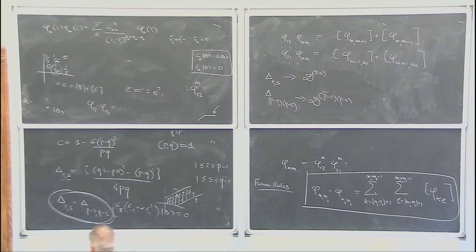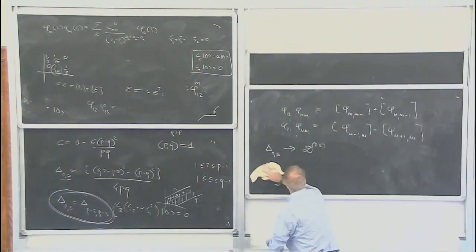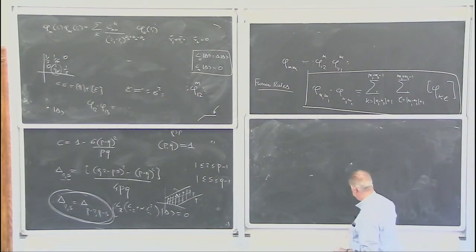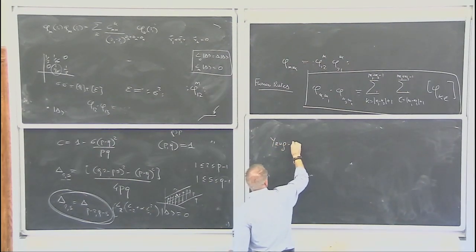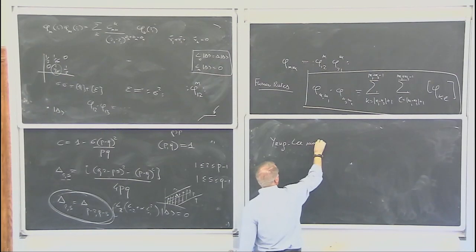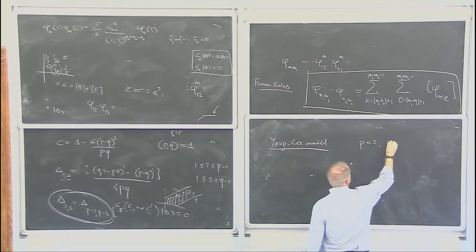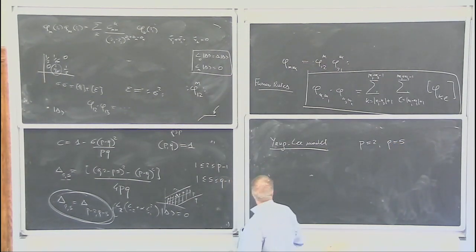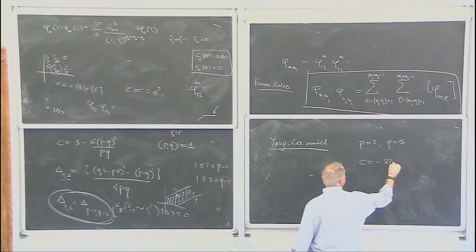For instance, an example of non-unitary minimal models is what is called the Yang-Lee model. It corresponds to P equal 2, Q equal 5. So they are coprime. If you compute the central charge according to that formula, it turns out to be minus 22 over 5.